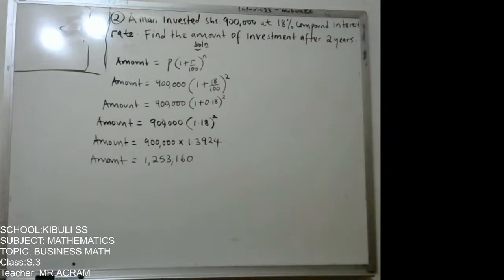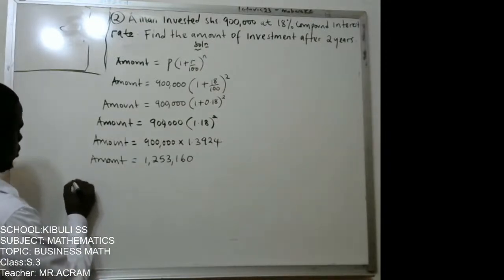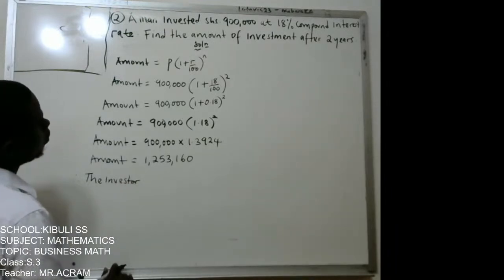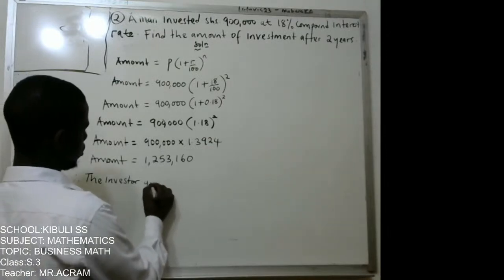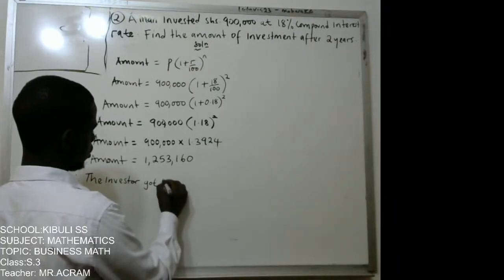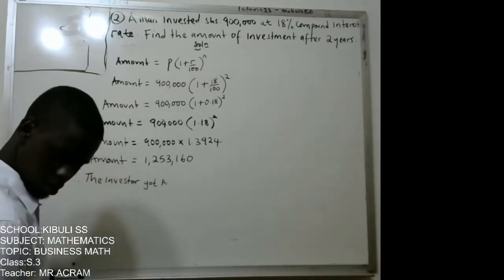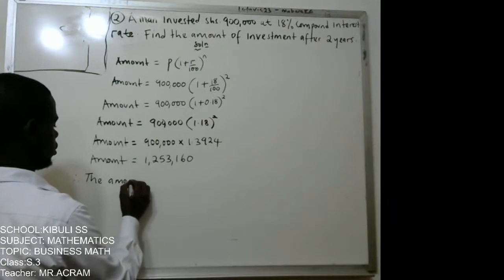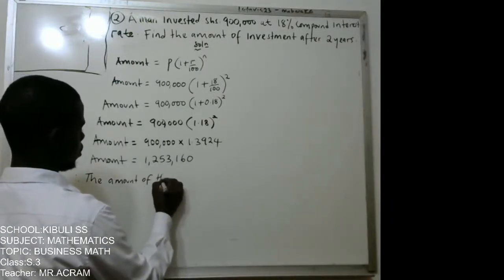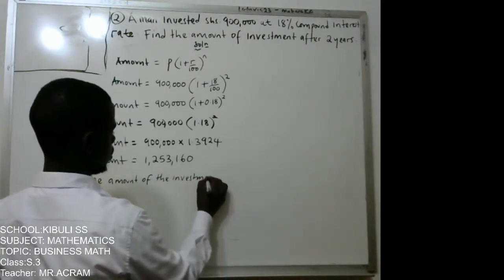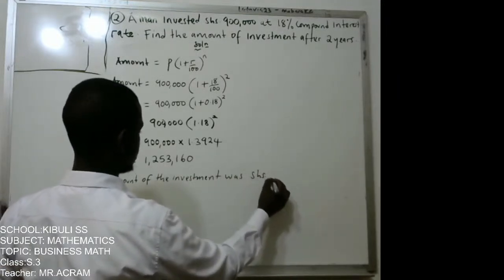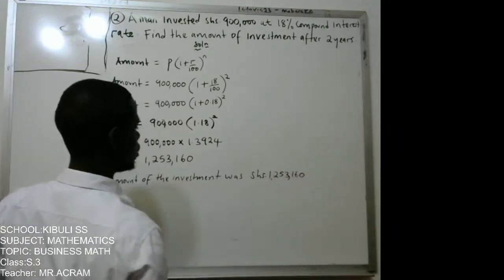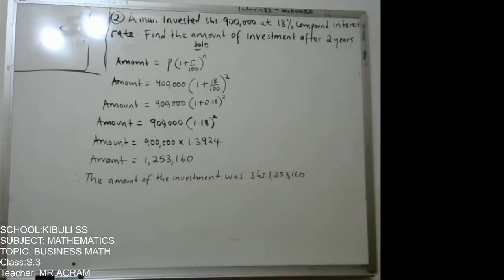So we say, therefore, the investor got the amount of the investment was shillings 1,253,160.